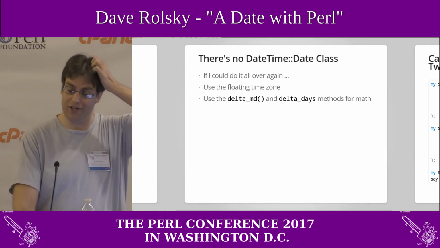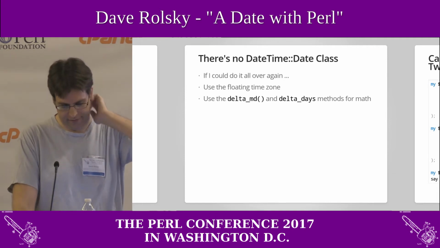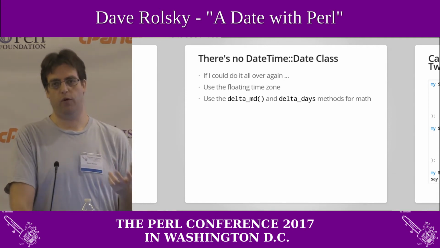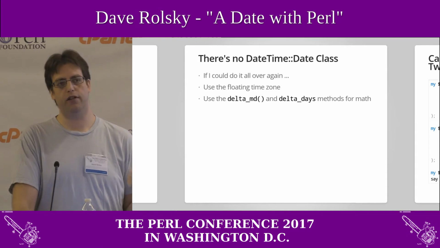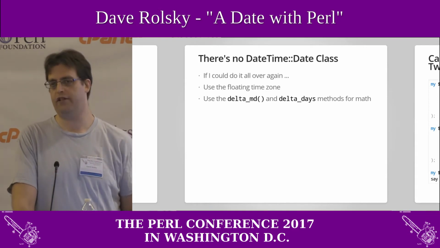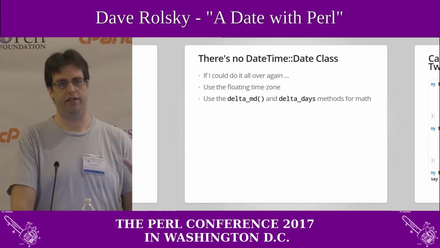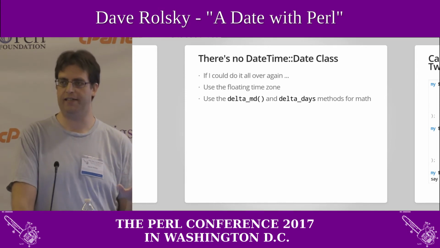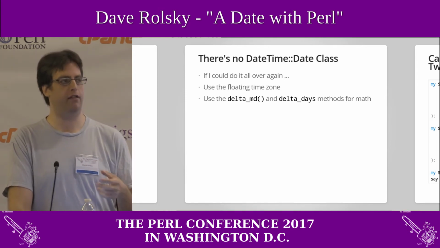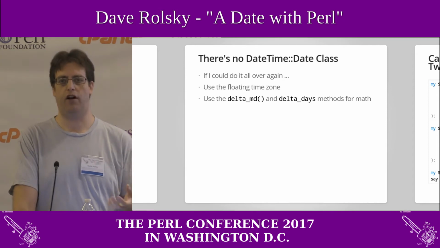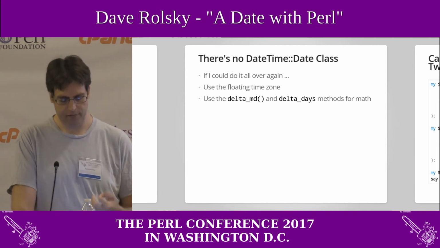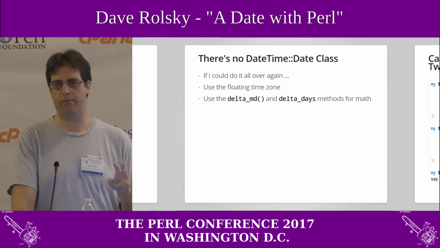So there's no date-only class. The way you can work around this is if you use the floating time zone, then you don't have to deal with leap seconds, you don't have to deal with offsets from UTC, and you can do math that is date-only and have confidence that the results will be sane. And there's 2 math methods that I recommend.